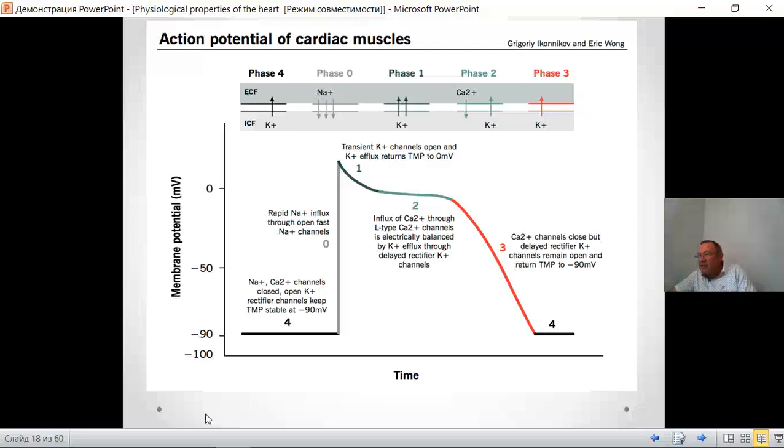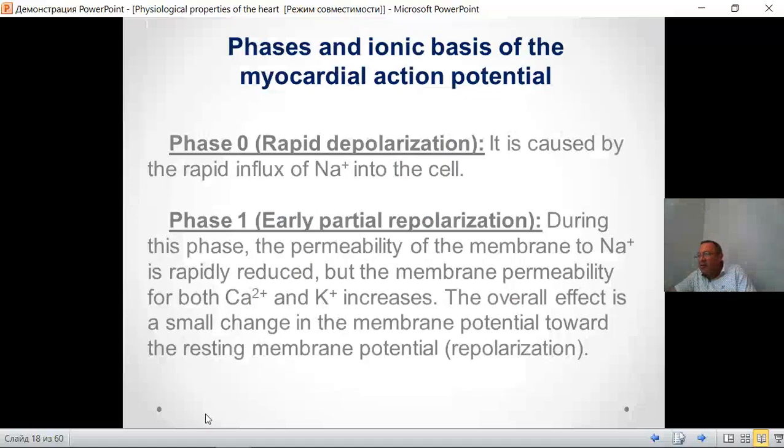An action potential triggered in the neighboring cardiomyocyte of pacemaker cells causes the transmembrane potential to rise about 90 millivolts. It's caused by a rapid influx of sodium into the cells.